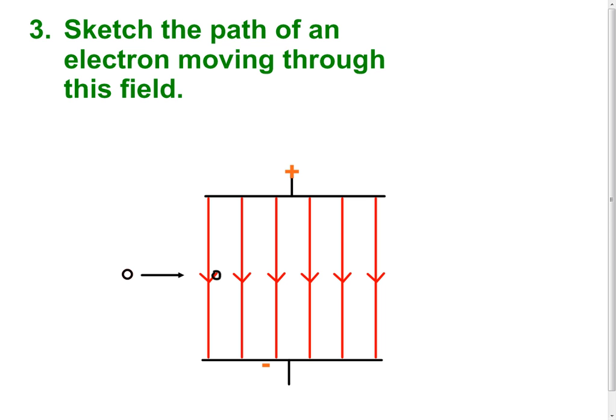That's a bit like an object being chucked on Earth in a gravitational field, in that the force on the object is the same the whole time. It's its weight acting vertically downwards. So in this case, there's going to be a force acting on the electron, the same force the whole time because it's a uniform field, and it's going to be vertically upwards because of the arrangement. So the path it follows is therefore going to be the same shape as the path that an object chucked horizontally on Earth follows, and that is a parabola.